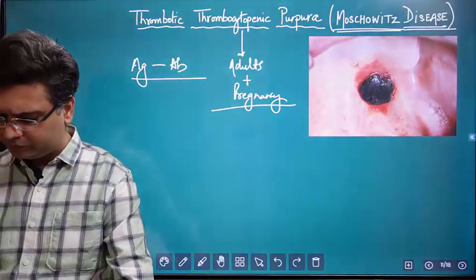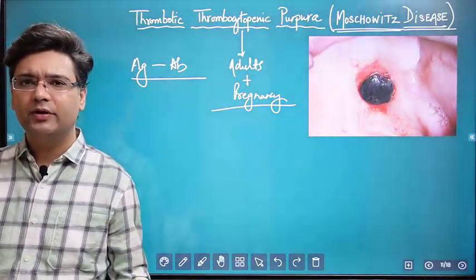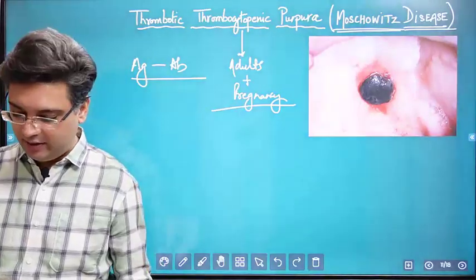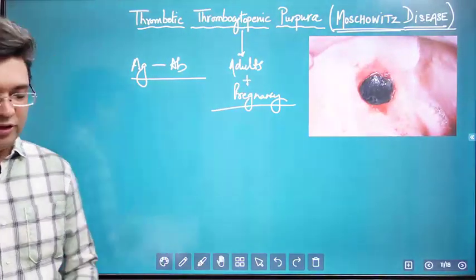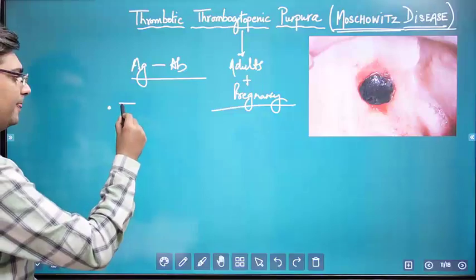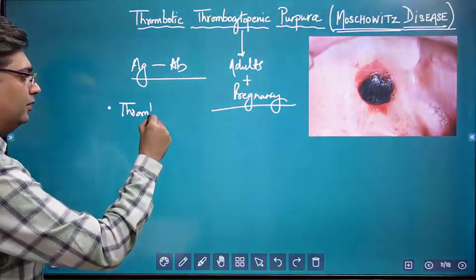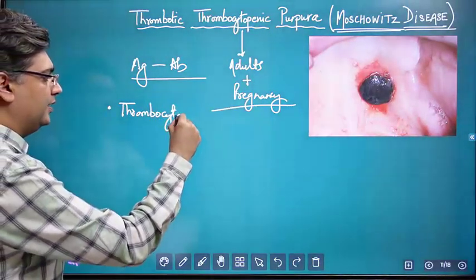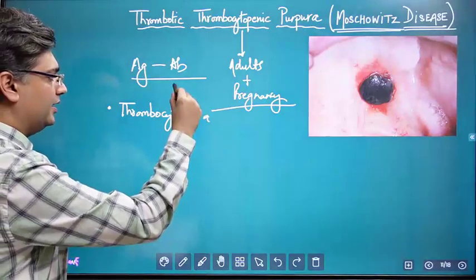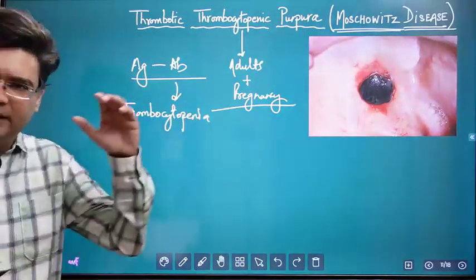If we talk about the clinical features, your platelets are being destroyed, so you have thrombocytopenia, because the antigen-antibody reaction is killing the platelets and the platelet count is going down.